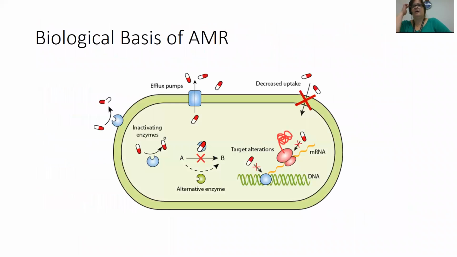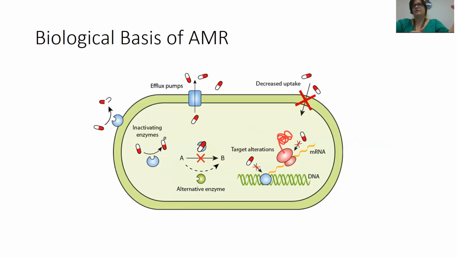Moving into the genomic basis of AR. If you're not familiar with antimicrobial resistance, to go into the biology super briefly, bacteria can develop resistance in a number of ways. The little pills in this schematic are antibiotics. On the left, you can have enzymes in your bacteria that will hydrolyze or break down that antibiotic.